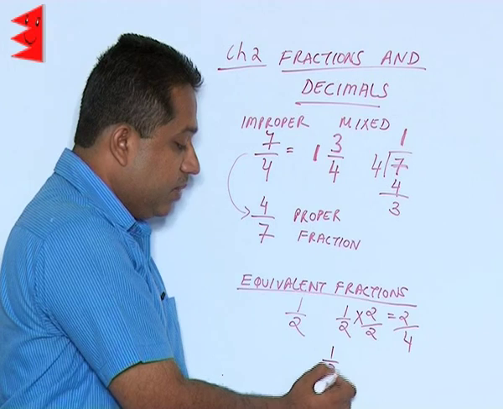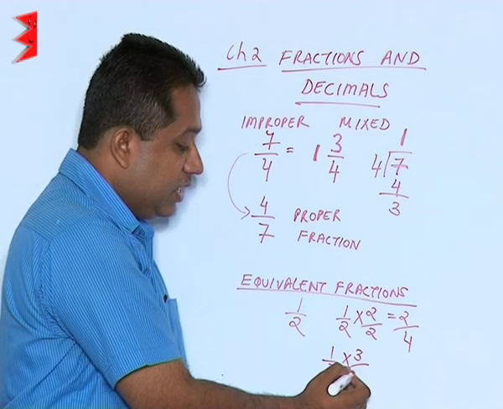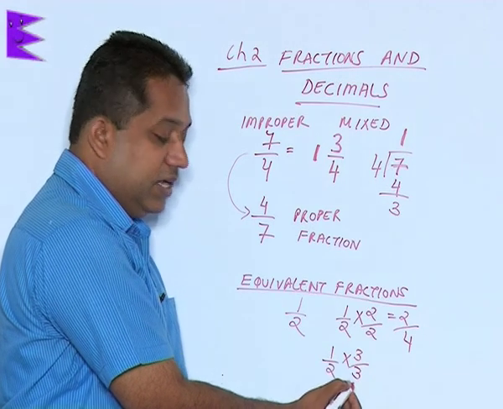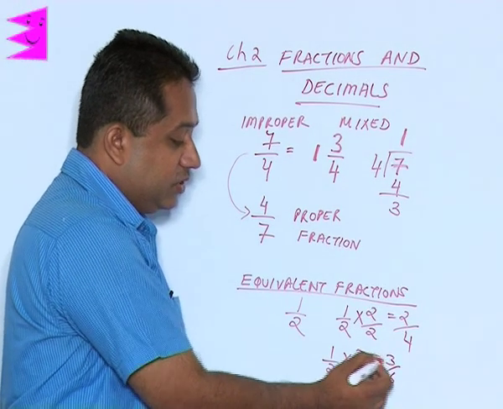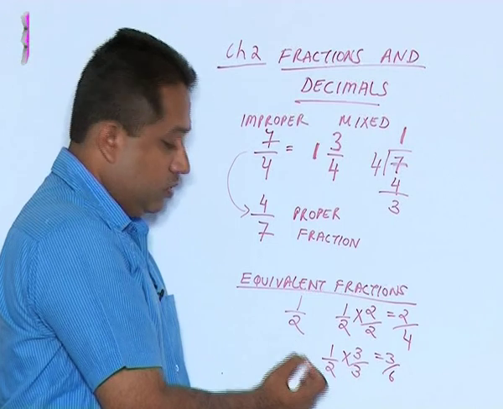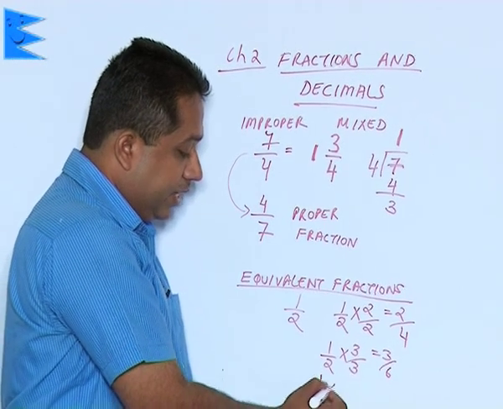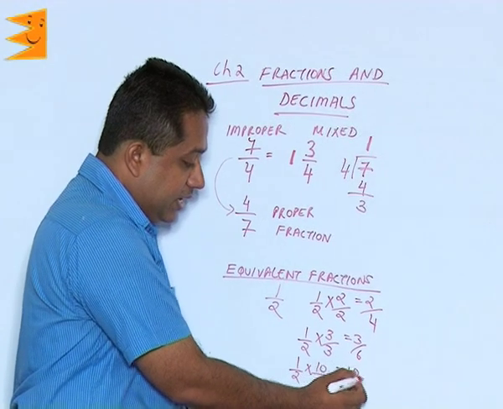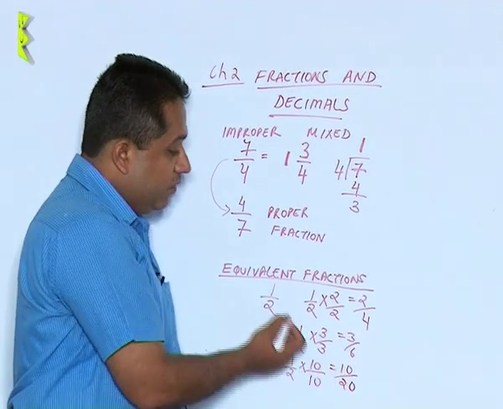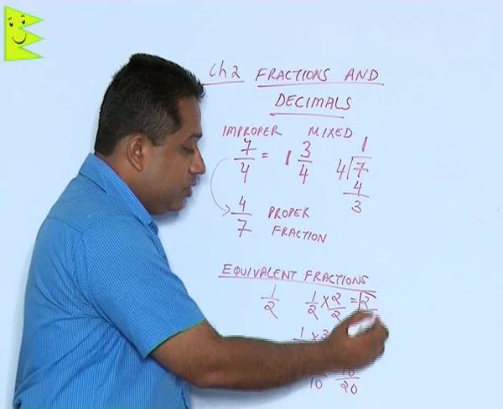I can also multiply and divide by another number, let us say by 3. So, multiply by 3 and divide by 3. So, this is going to become 3 by 6. So, this is an equivalent fraction of 1 by 2. Similarly, 1 by 2 multiplied by 10, divided by 10, we get 10 upon 20. So, we are having many examples of equivalent fractions.